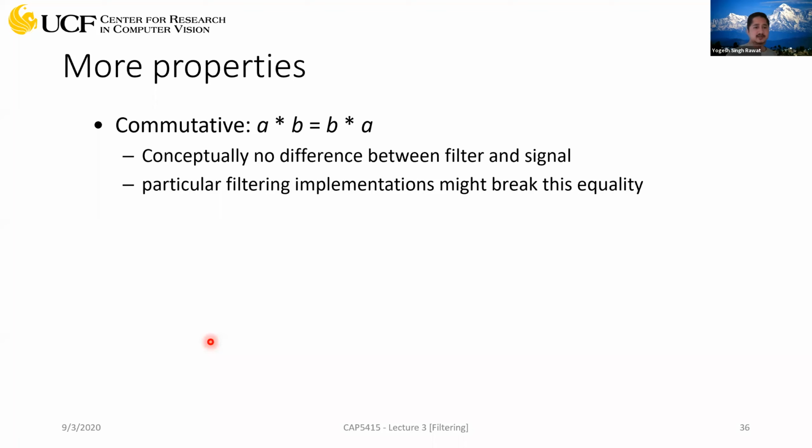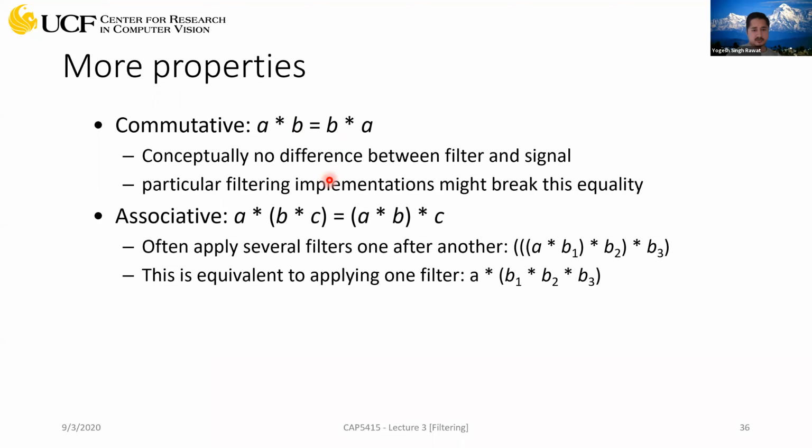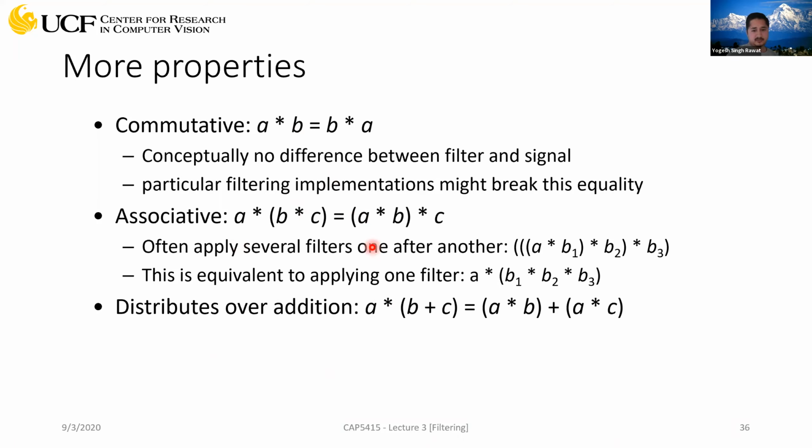So some other properties: it's commutative. We saw that in the last lecture as well. So you can interchange filters and signals. It doesn't matter. These are associative. This is also fine. You can distribute it over. Again, this is like the first property which we saw. If we replace filter with kernel, then you can apply the same property here.